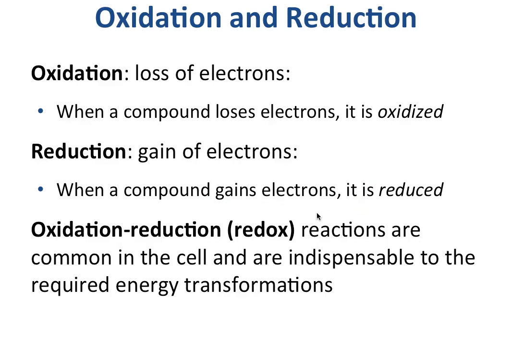So how does the cell release energy? The most classic reaction by which the cell releases energy is oxidative phosphorylation. Let's talk about oxidation first. Oxidation means loss of electrons, so when a compound loses electrons, it is oxidized.